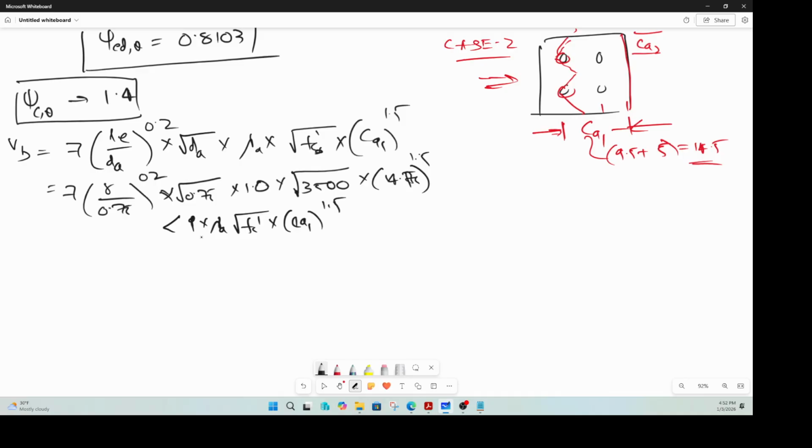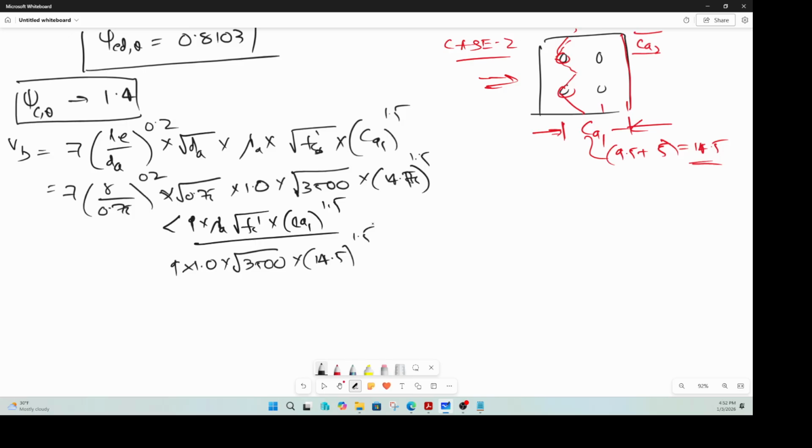This will come to 29.4, or let's see, 9 times 1.0 times square root of 3500 times 14.5 to the power 1.5.